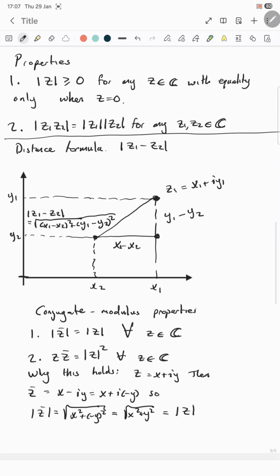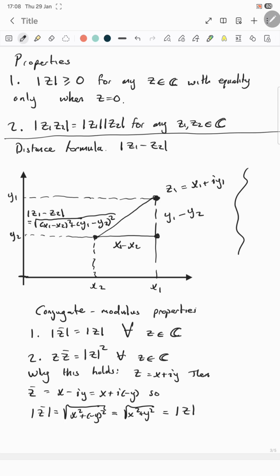Now the properties. The magnitude of Z has to be greater than or equal to 0 for any Z contained in C, with equality only when Z equals 0. And 2, the modulus of Z1 Z2 equals the modulus of Z1 multiplied by the modulus of Z2 for any Z1 and Z2 contained in C. Now, here we have an example of a distance formula, the modulus of Z1 minus Z2, which is shown here.